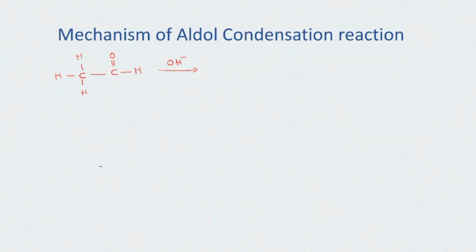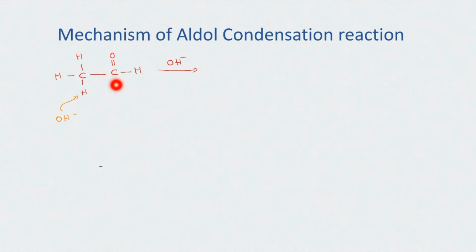Now let's see the mechanism of the aldol condensation reaction. We know that this reaction takes place in the presence of a dilute alkali, so the nucleophile will be the OH minus ion. This OH minus ion has a tendency to attack this hydrogen atom. Why?